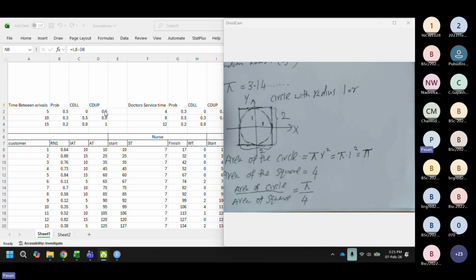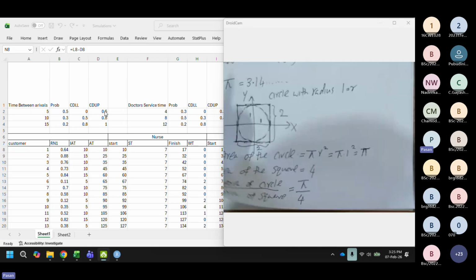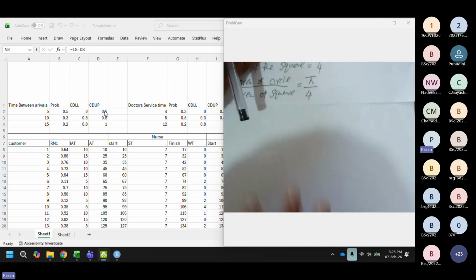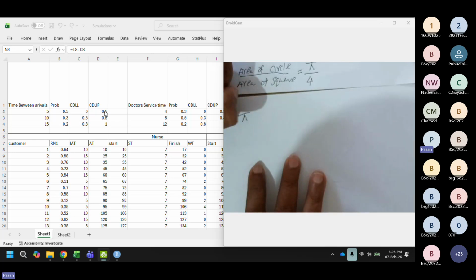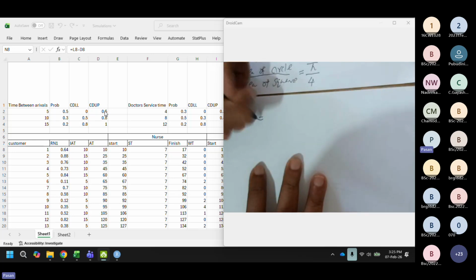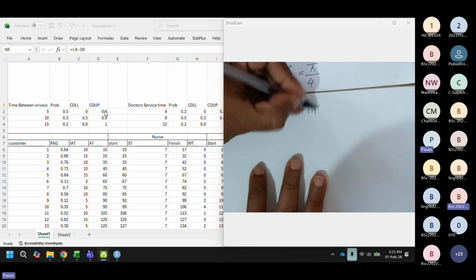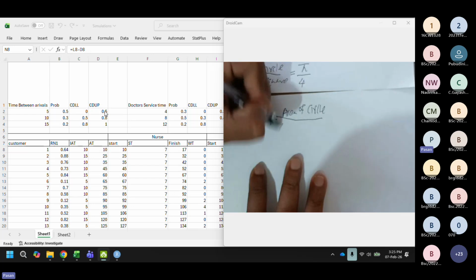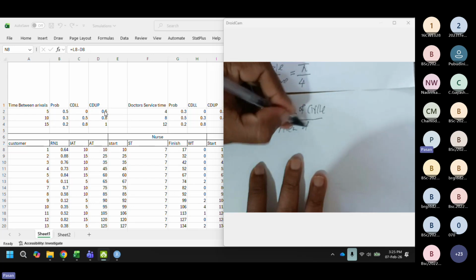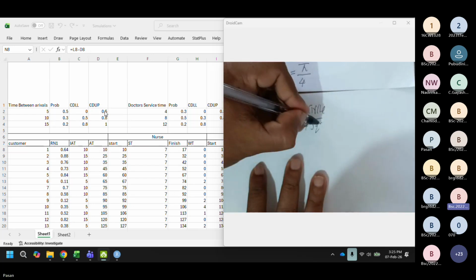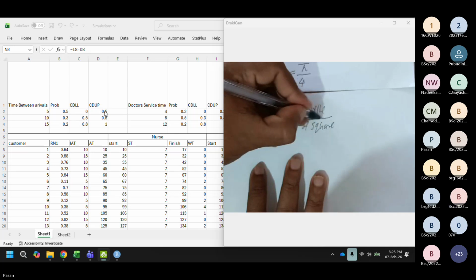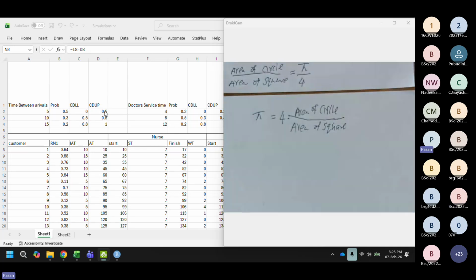So if I want to measure the value of pi, that's going to be equal to 4 times the area of circle divided by the area of a square. That is the concept I can use to approximate pi.